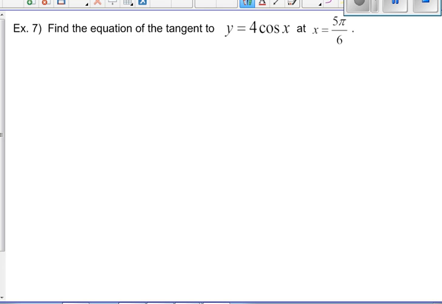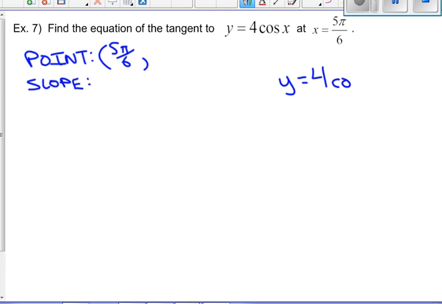Let's revisit tangents just briefly here. So if I want the equation of a tangent, I need to know two things: point and the slope. To find slope, we're going to need to differentiate. To find the point, I know the x value is 5 pi over 6. The y value is just 4 times the cosine of 5 pi over 6.